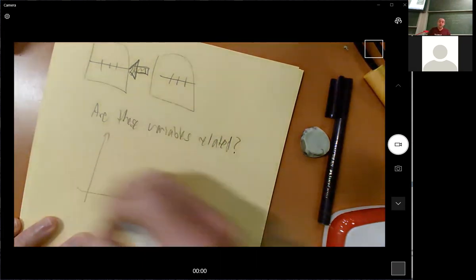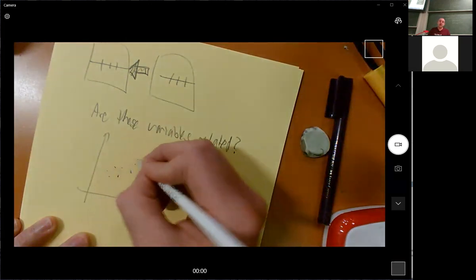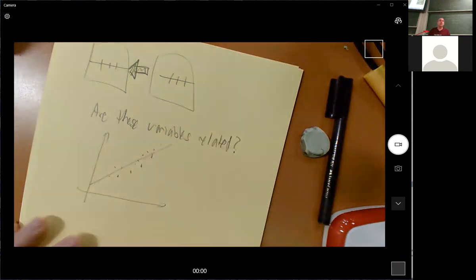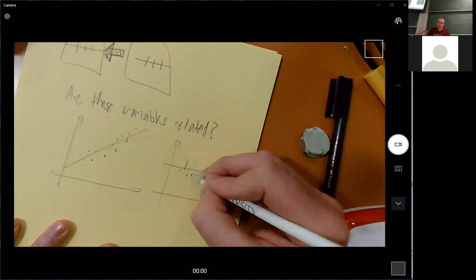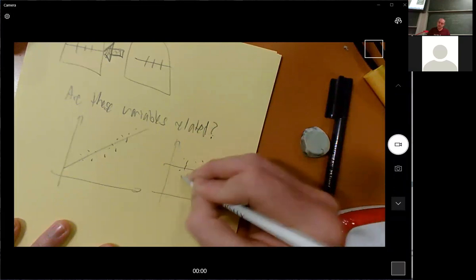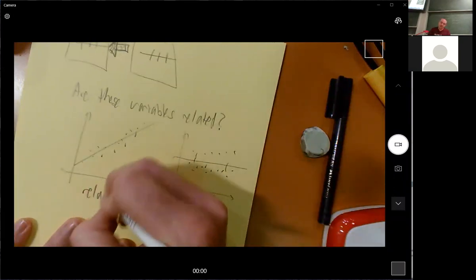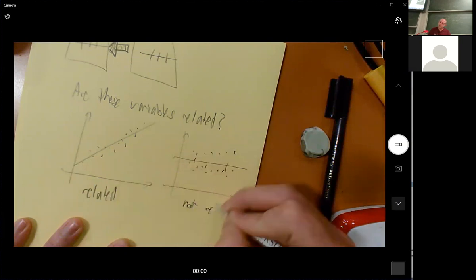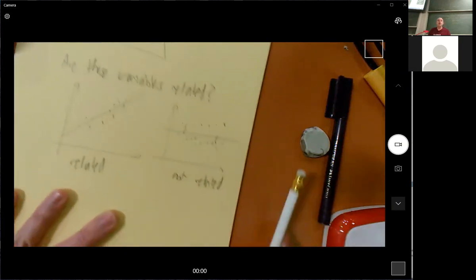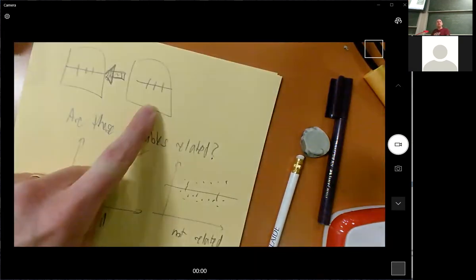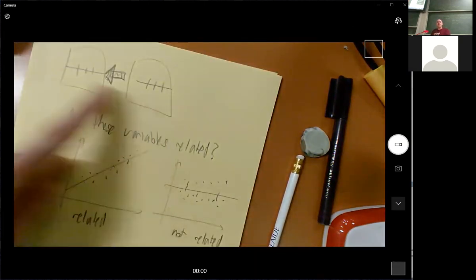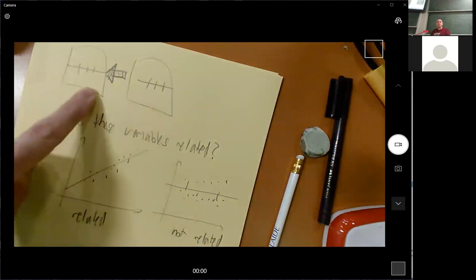So if they are related in a linear sort of way, so this is related, this is not related. If they're not related, then it makes no difference what this variable here is, and this will just be random.